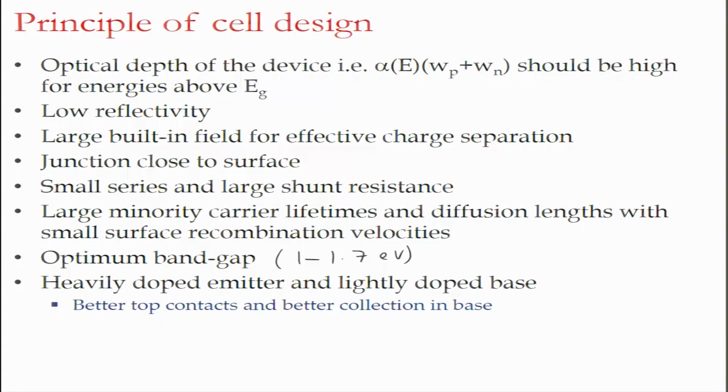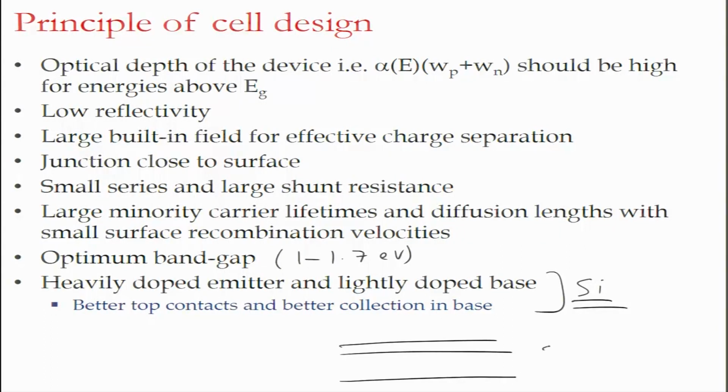And then generally from the perspective of silicon, especially the emitter, which is the top layer, is heavily doped and the base is lightly doped, and this helps in making better top contacts, because on top you have a limitation. If you have a device like this, this is silicon. Silicon is an opaque material, the light comes from top.